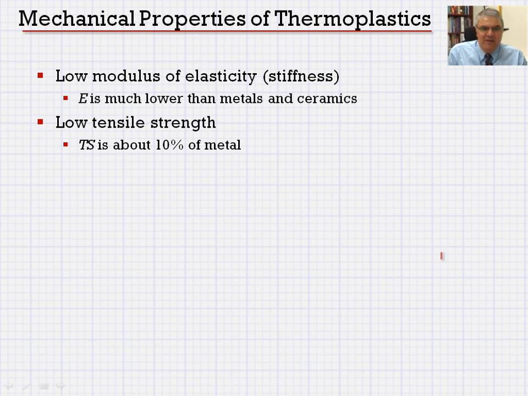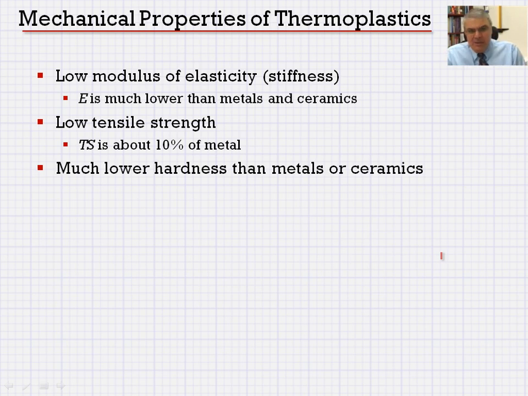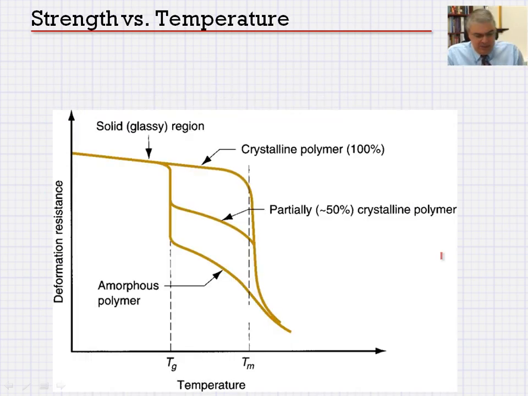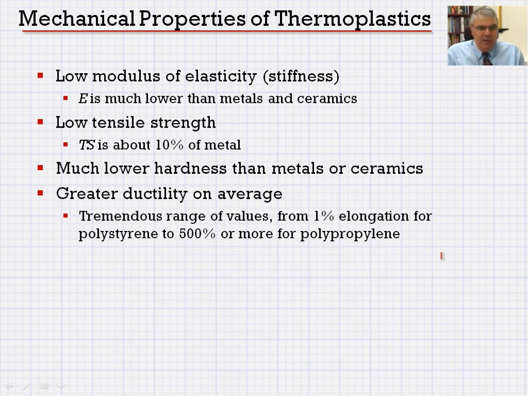They have low tensile strength, about 10% of metals. They have much lower hardness than metals or ceramics. However, they have greater ductility on average, and that would be somewhere between 1% to 500% or more for polypropylene.